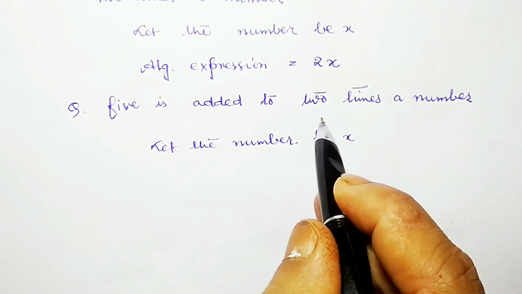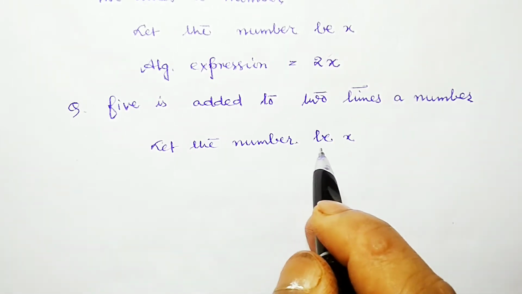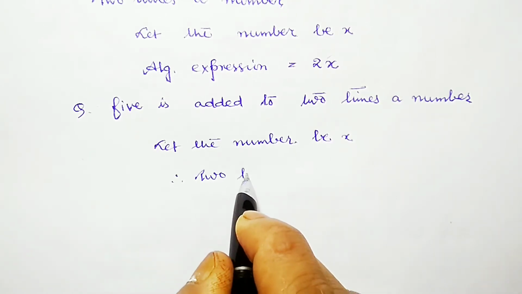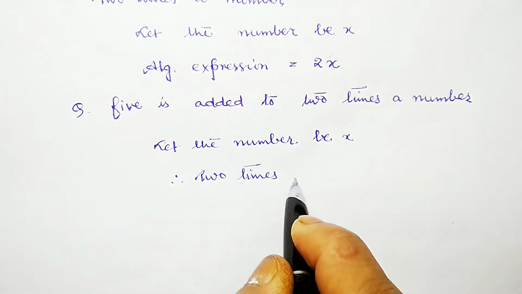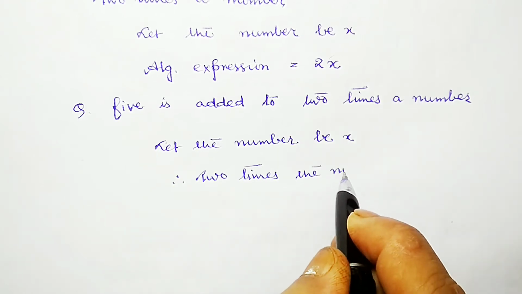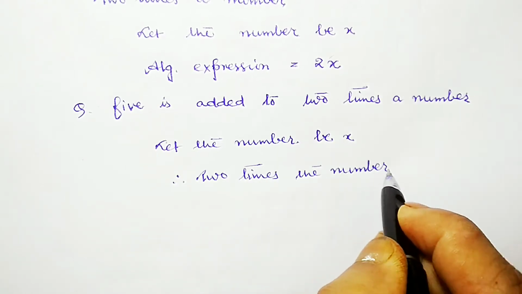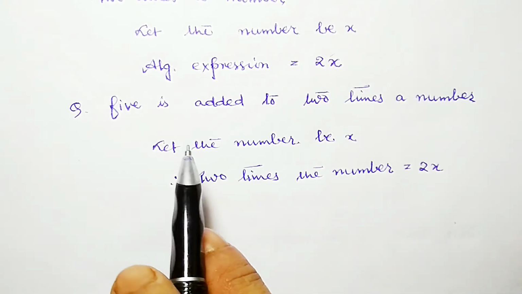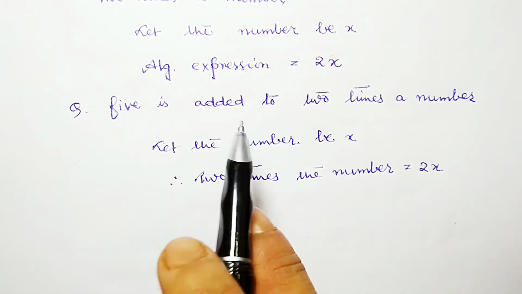The number is x, so 2 times the number will be twice x. Now here the question is 5 is added. What is added? 5.